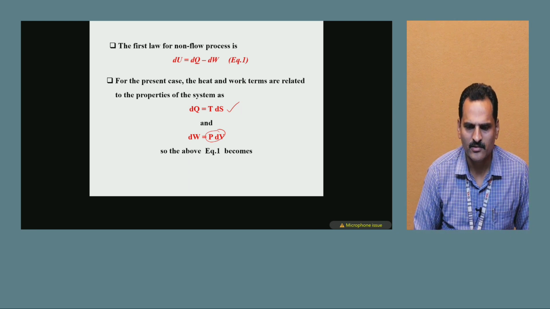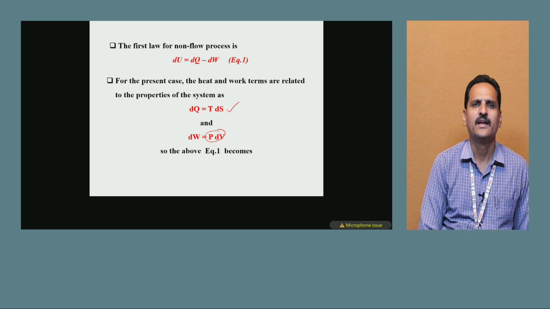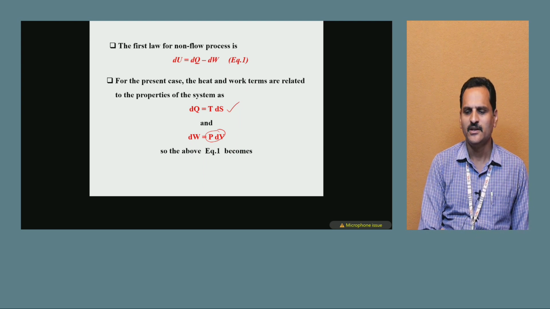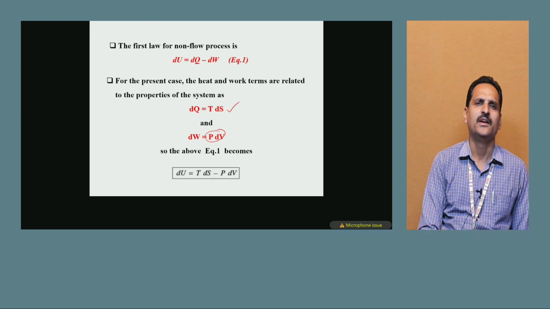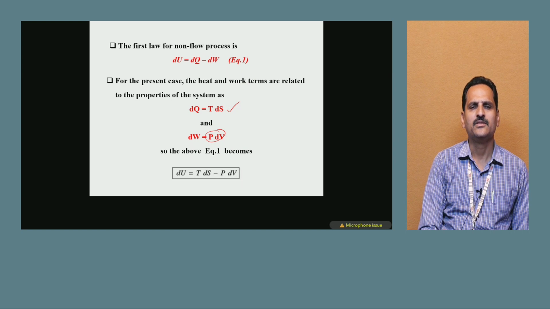By substituting dQ equal to T dS and dW equal to P dV, equation 1 becomes dU is equal to T dS minus P dV. So T dS means dQ, and P dV means dW. The change in the internal energy in differential form is equal to T dS minus P dV.